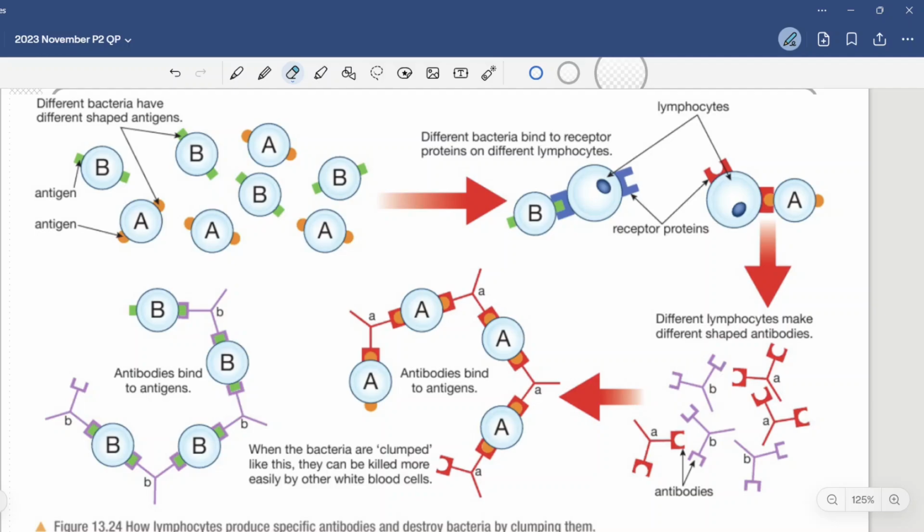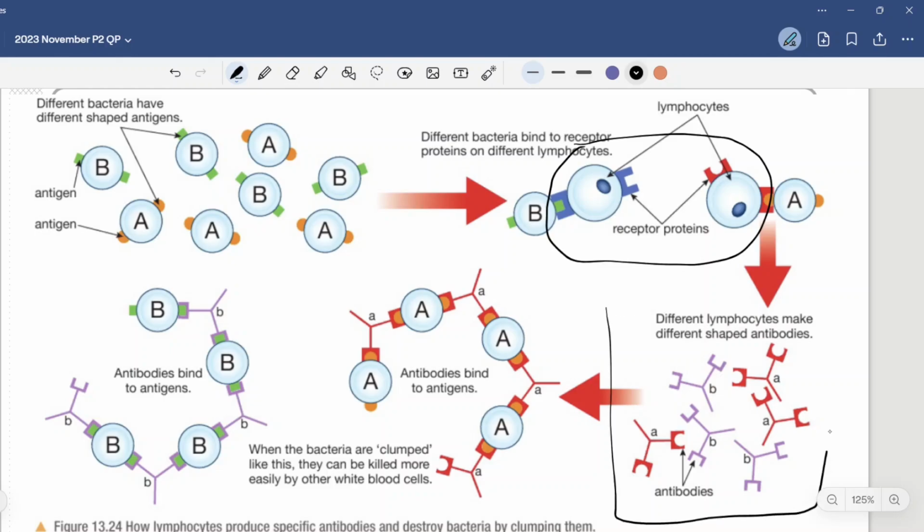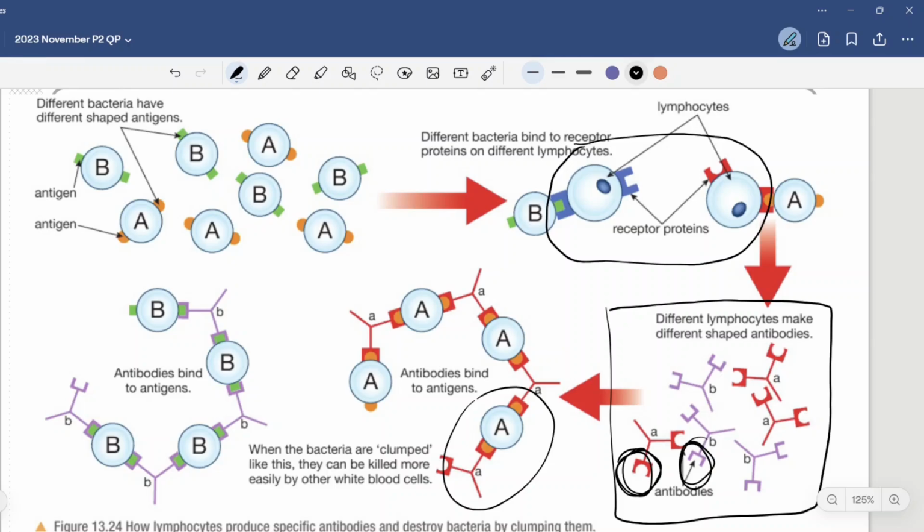Once these antigens are in our body, we have our lymphocytes here that produce what we call antibodies. These antibodies bind specifically to that antigen. So, for example, this antibody here will bind to this pathogen, and this antibody here would bind to this pathogen.